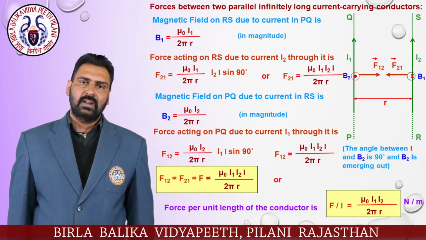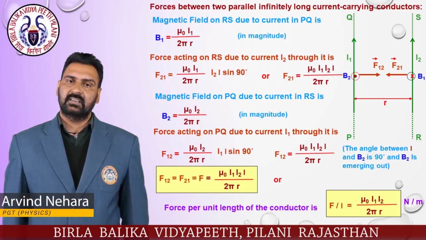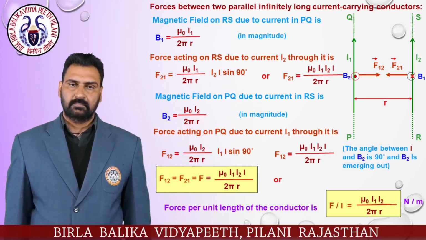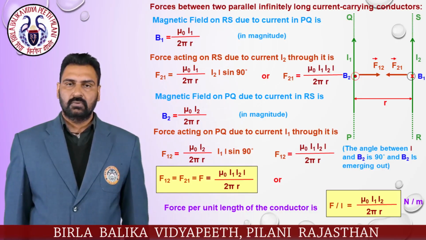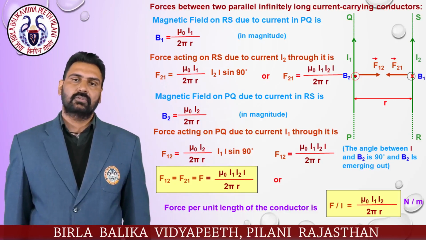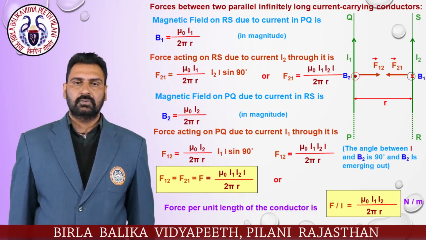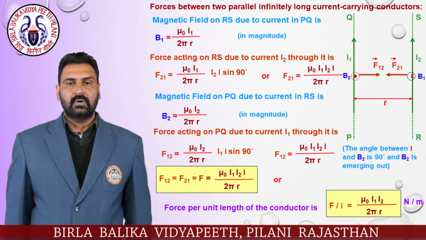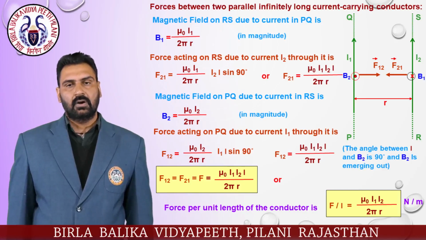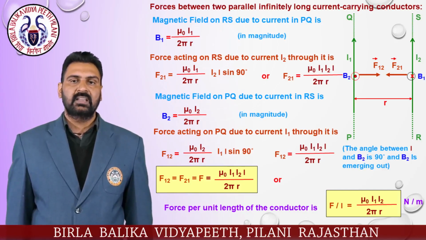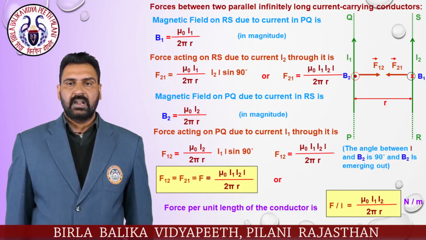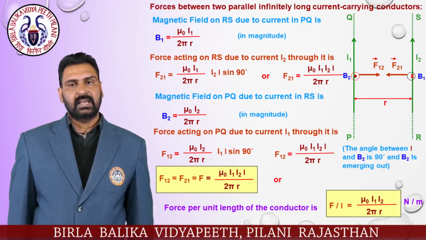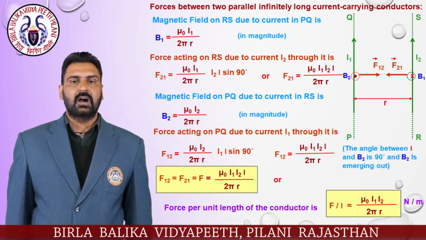In the same way, the magnetic field on PQ due to current in RS is B2 = mu naught I2 / 2 pi R. So the force acting on PQ due to current I1 through it, force on first due to second, is mu naught I2 / 2 pi R into I1 L sin 90 degrees, or force on first due to second can be written as mu naught I1 I2 L / 2 pi R. The angle between L and B2 is 90 degrees and B2 is emerging out.